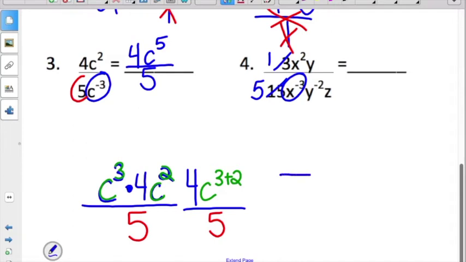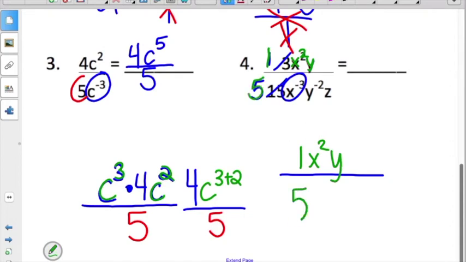So let's start our fraction. We have a 1 in our numerator. We have an x squared in our numerator. And we have a y in our numerator. In our denominator, we have a 5.